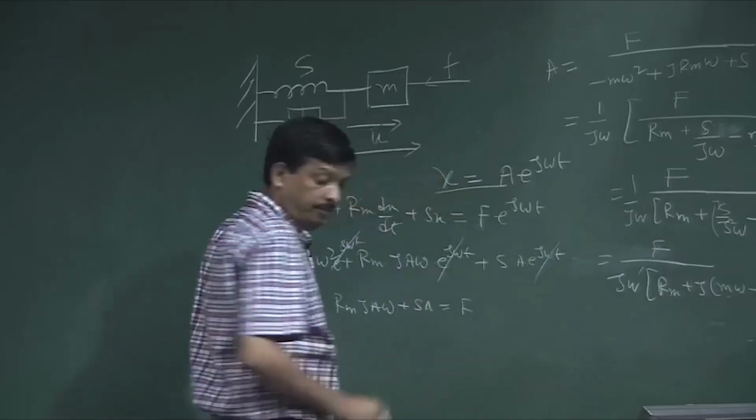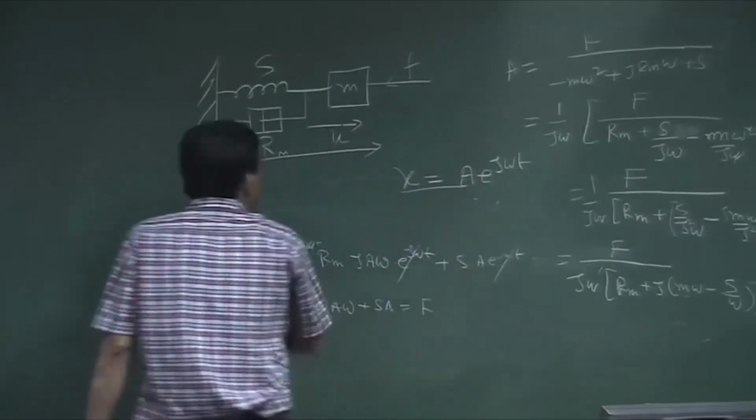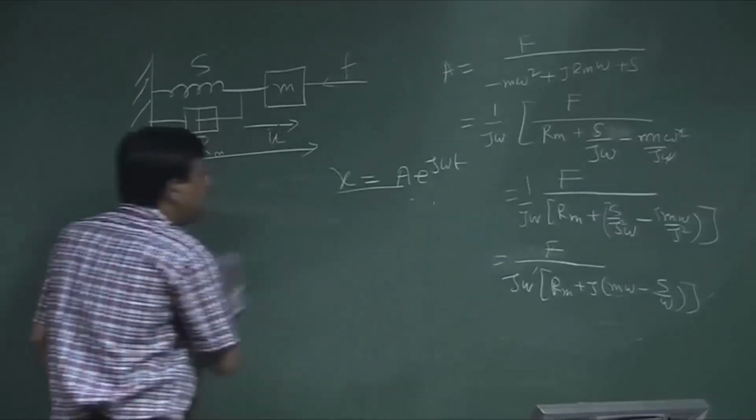Now, what is x then? x is nothing but a into e to the power j omega t.